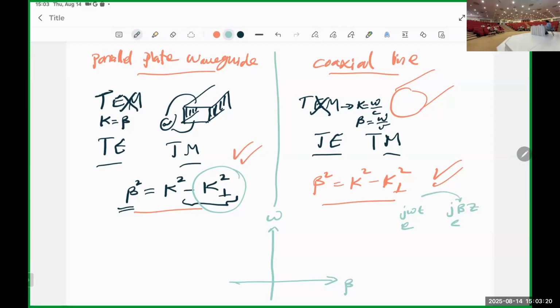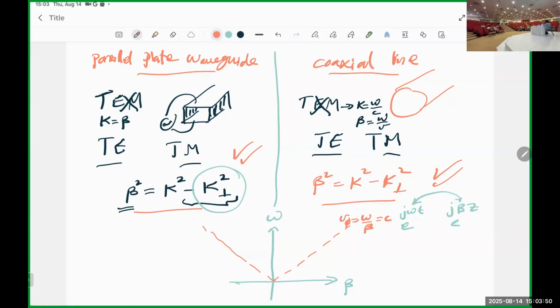So we are trying to see what the relation is between those two terms. For TEM, the ratio is always the speed of light. So you're going to have a linear curve, and this is c, basically omega over beta equals c, and this is the phase velocity.